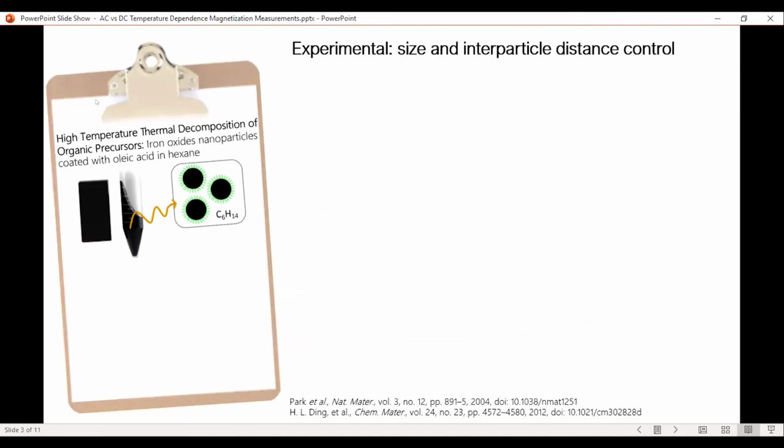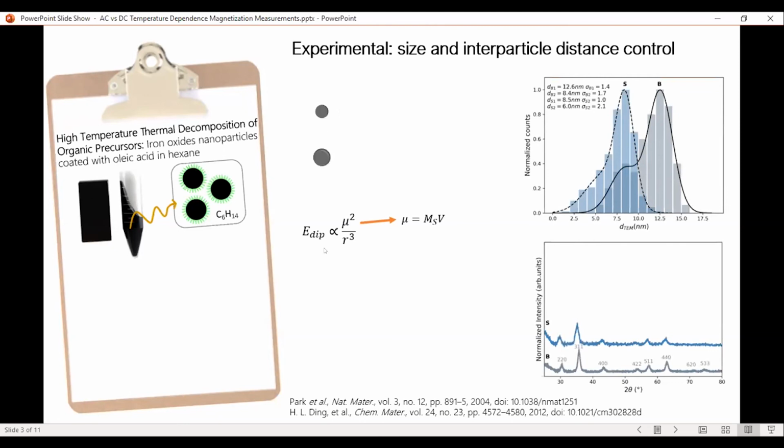And what we did was, by controlling some synthesis parameters, we obtained two different sizes. This way we can control, from the dipolar energy, the magnitude of the magnetic moments of each nanoparticle, since it is directly related to the volume of the nanoparticles.